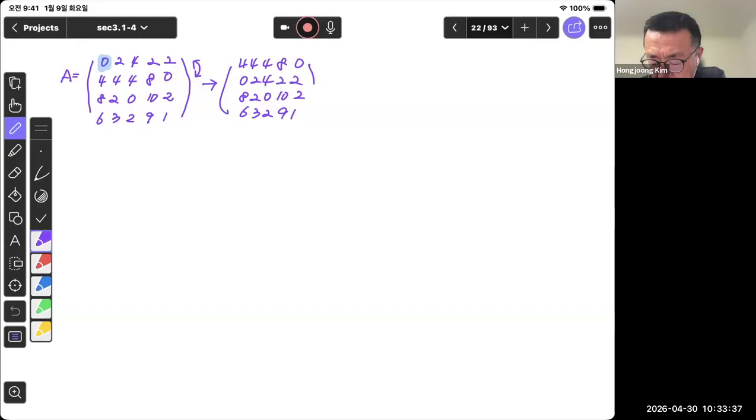Now the entries of the first row are all multiples of 4, so let me multiply a quarter to the first row. Then the first row becomes 1, 1, 1, 2, 0, and the matrix is 0, 2, 4, 2, 2, 8, 2, 0, 10, 2, 6, 3, 2, 9, 1.